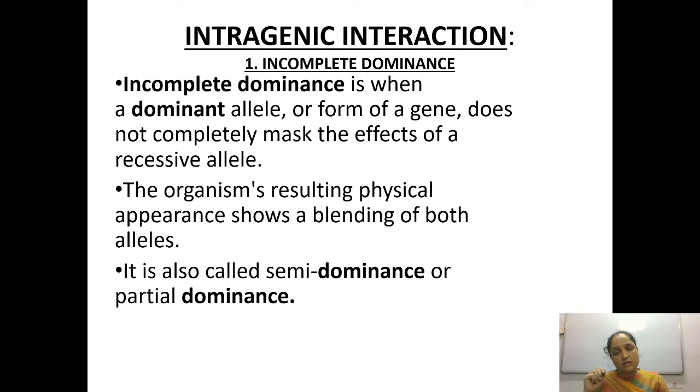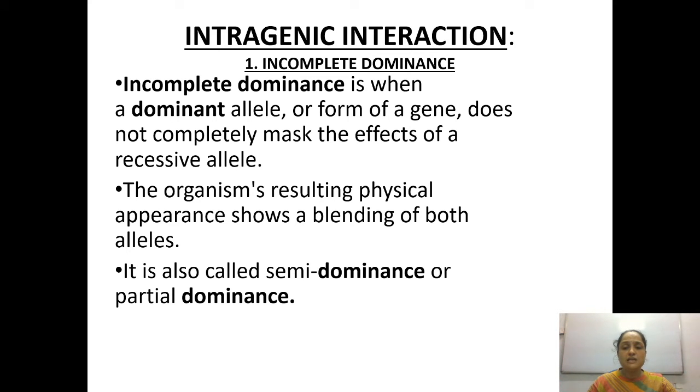The way you have seen the tall plant in the F1 generation as per the law of dominance, there the recessive allele for dwarf height was masked by the dominant allele, that is tall height. But now incomplete dominance states that the recessive allele of dwarfness is not going to be hidden by the dominant allele, but they will have a character in between them.